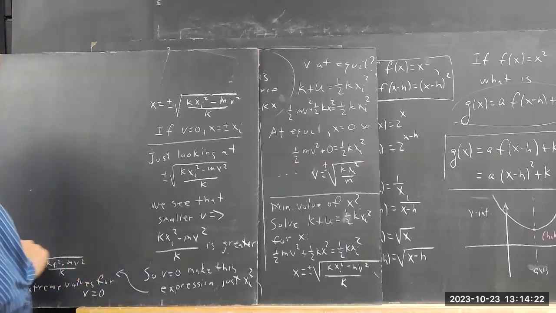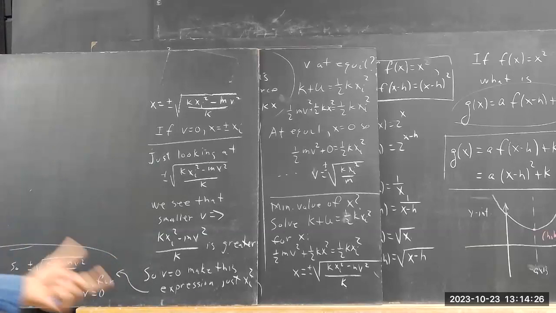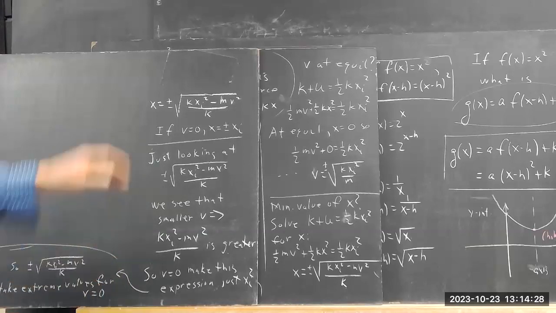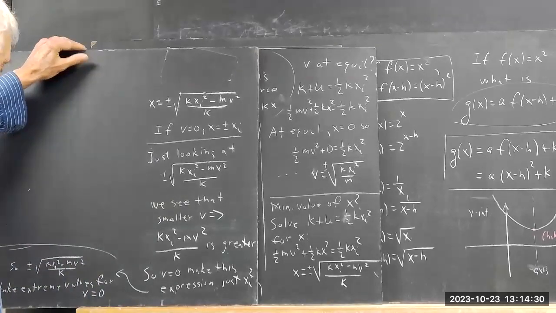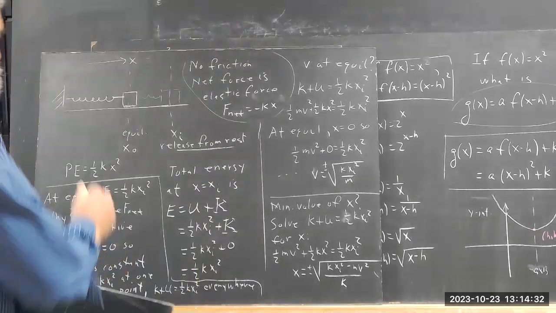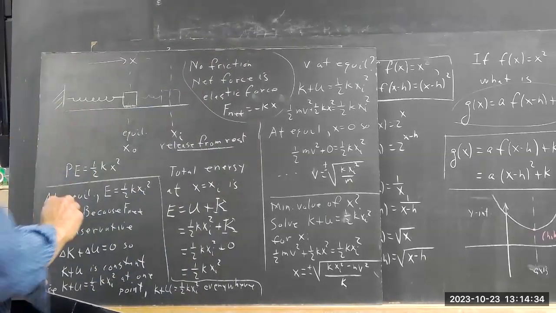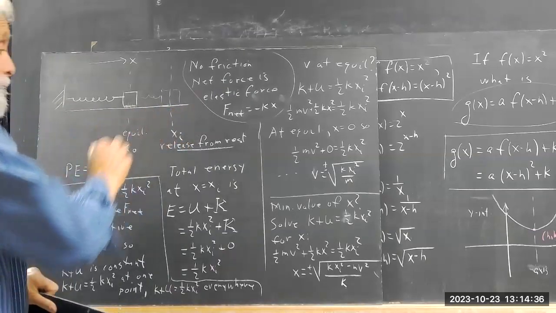This thing takes its extreme value for v equals 0, and one of the extreme values gives you a position on this side. The other extreme value gives you a position on this side.